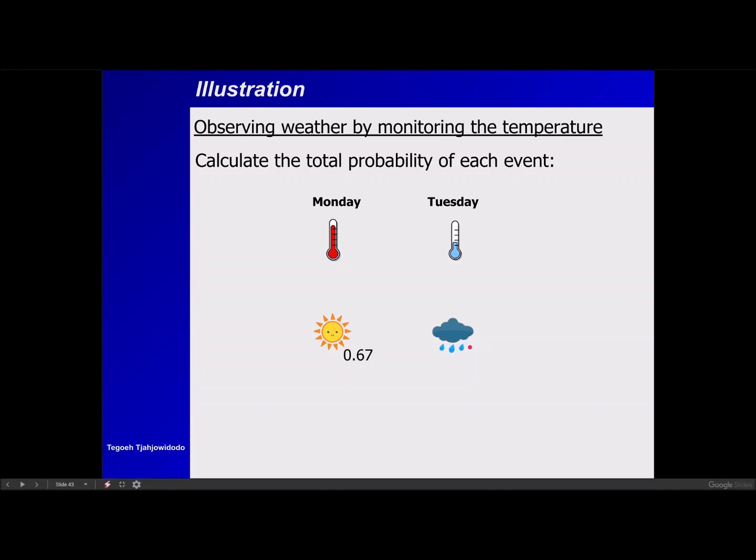The initial probability of having sunny on the first day is 0.67, right? This is what we defined before. Just go back to the previous few slides. We have defined this 67% chance that the first day will be sunny.